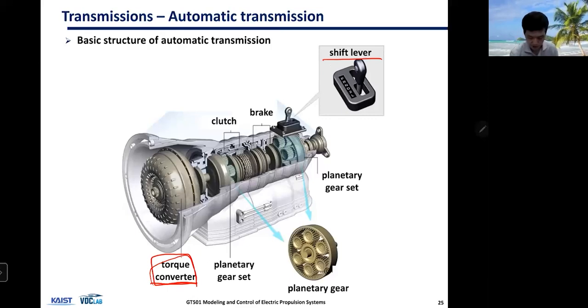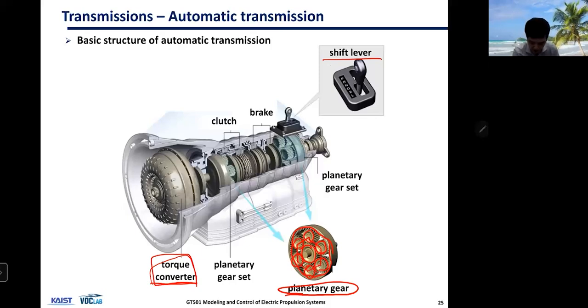And if you look inside the transmission itself, there are first of all planetary gear sets, where the planetary gear has 3 parts, usually sun gear and ring gear, and then planet gears, which connect the sun and the ring gear. Okay, and usually there is a carrier that carries these planet gears. We'll talk more about this later.